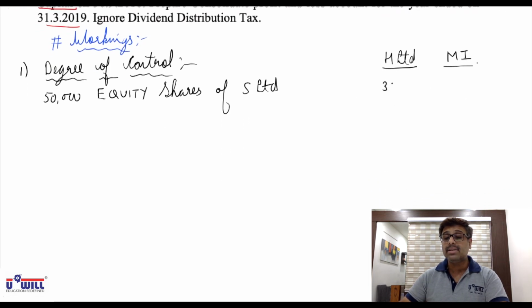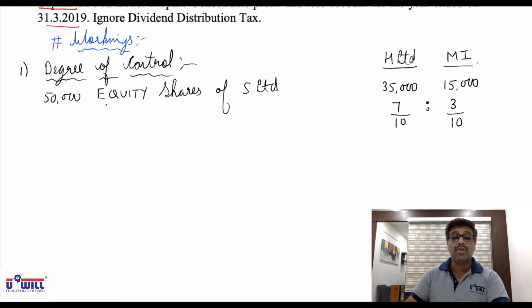That means 35,000 shares are with the holding company and the remaining 15,000 is minority interest. If you cancel the zeros, both are divisible by 5. 35 divided by 5 is 7 and 15 divided by 5 is 3. So 7 is to 3, 7 by 10 and 3 by 10 is the ratio of equity's degree of control.